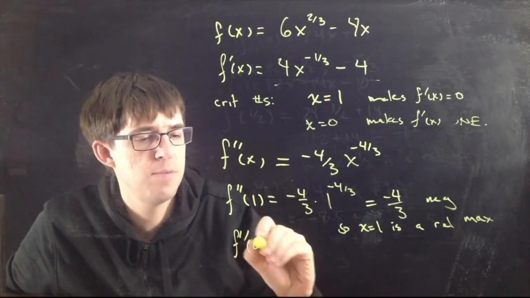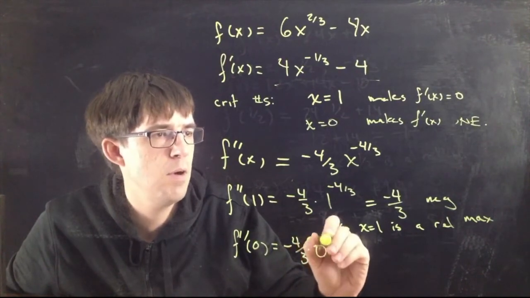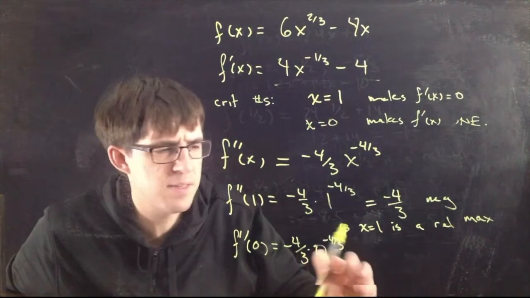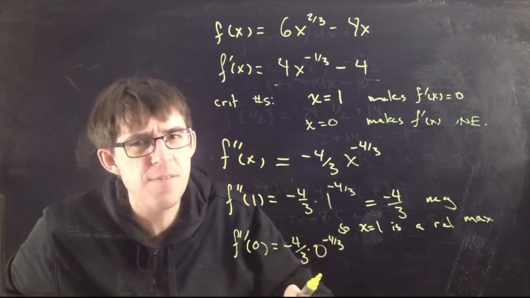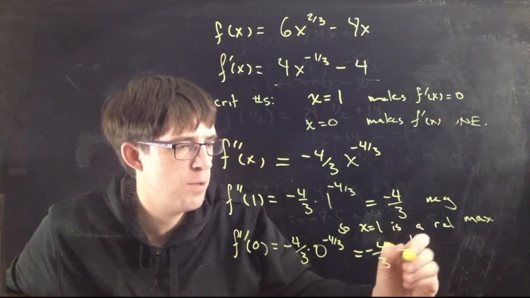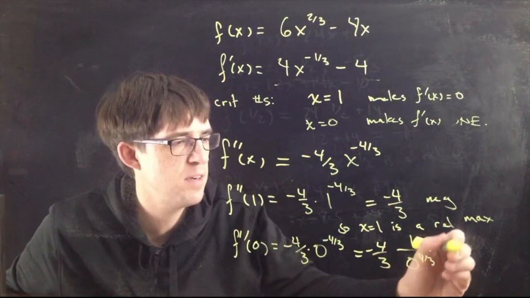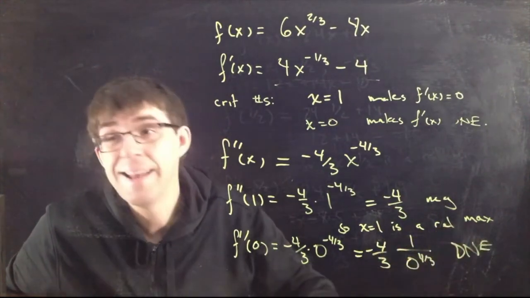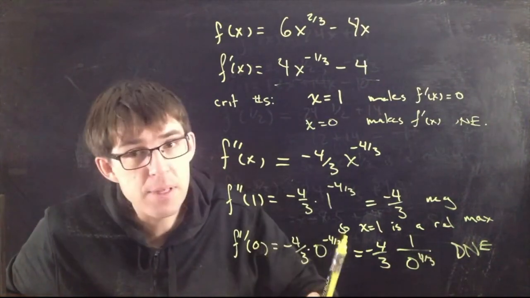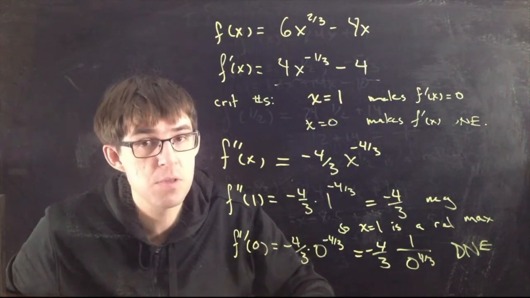f double prime of 0. This is negative 4/3 times 0 to the negative 4/3. And this does not exist. Why does this not exist? It's 0 to a negative exponent. A negative exponent always means 1 over, in this case, 0 to the 4/3, and this here does not exist. What's your interpretation of that then? That means that the second derivative test cannot be used in this case, and you must use the first derivative test.